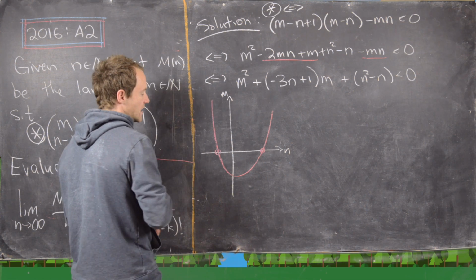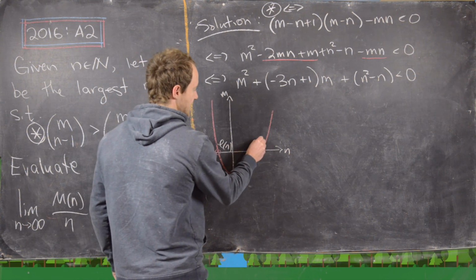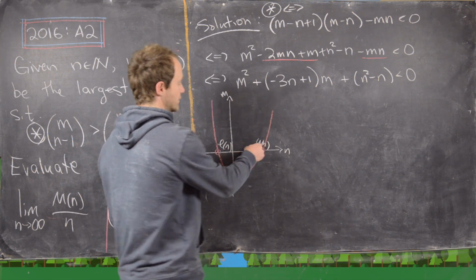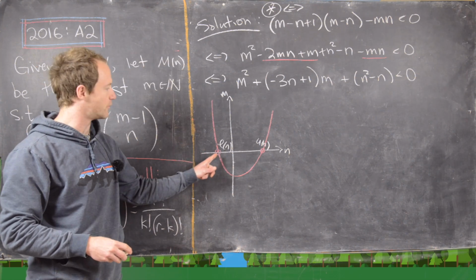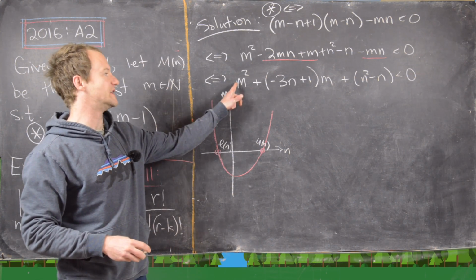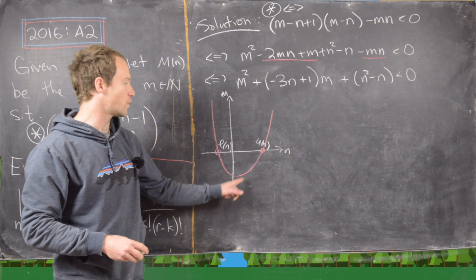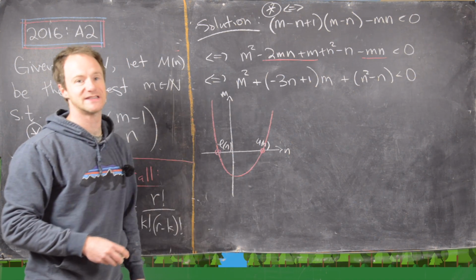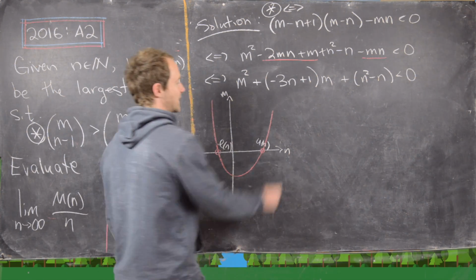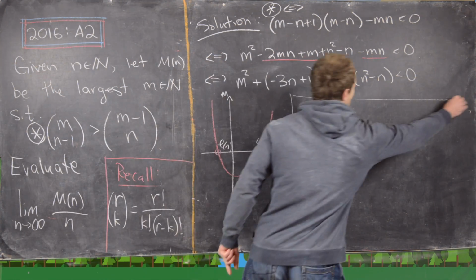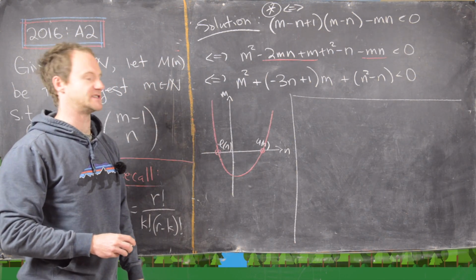Maybe we could call this root right here ln, and this root right here un, for the lower root and the upper root. So it is important to find out where this equation is equal to 0, because in between those two places where this is equal to 0, we know that our inequality is satisfied. So let's go ahead and find the values that make this equal to 0.